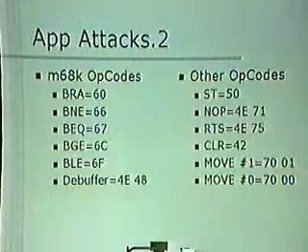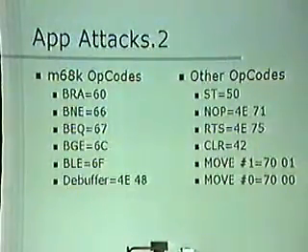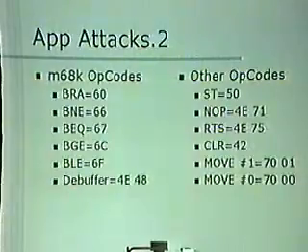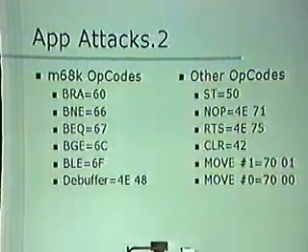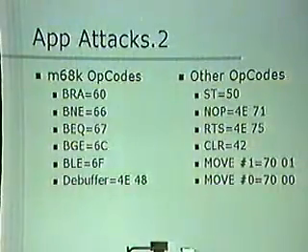A few other opcodes. Instead of SEQ, set if equal, you set 50 automatically sets it to any number you want. You also have NOP, which is 4E71, which is no-op, no instruction. You also have RTS, which is return. Every Palm Pilot subroutine has to follow the exact same specification.